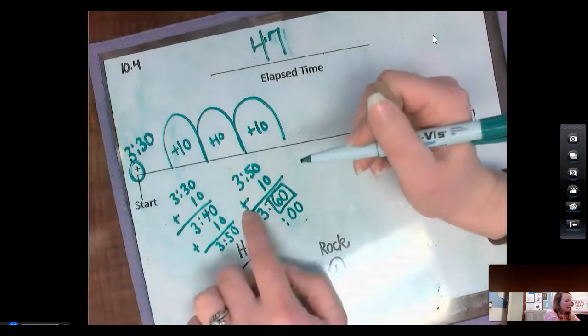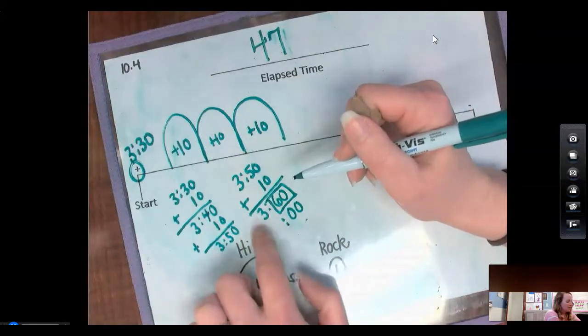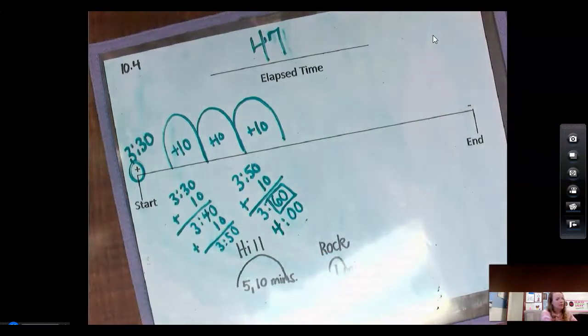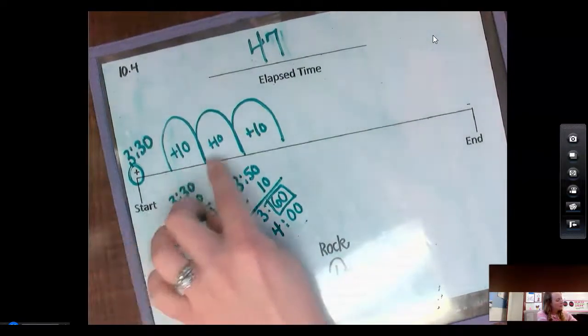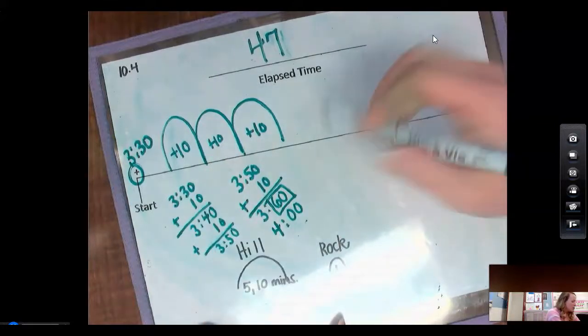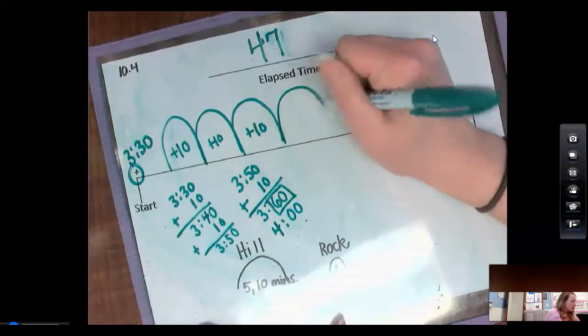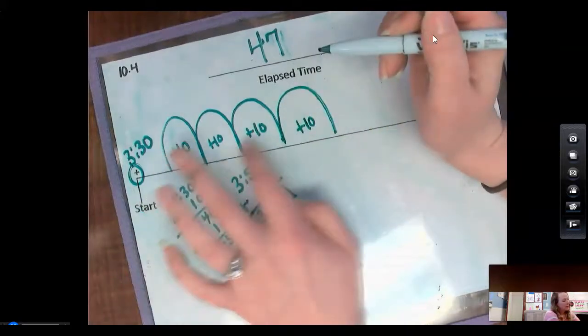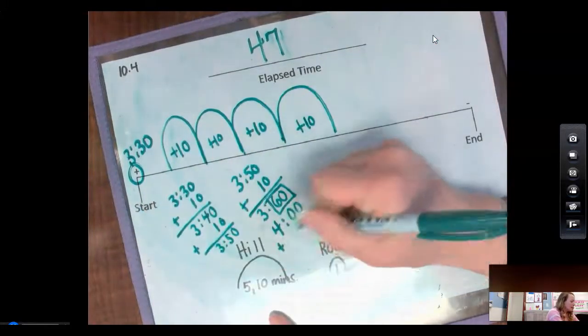And if we're adding, this gets bigger, right? Adding means bigger, so 3 becomes a 4. So right now we're at 4 o'clock. Let's check our time. 10, 20, 30. So 4 o'clock. Can we do another 10, you think? Yeah, 10, 20, 30, 40. So we're going to do a plus 10.